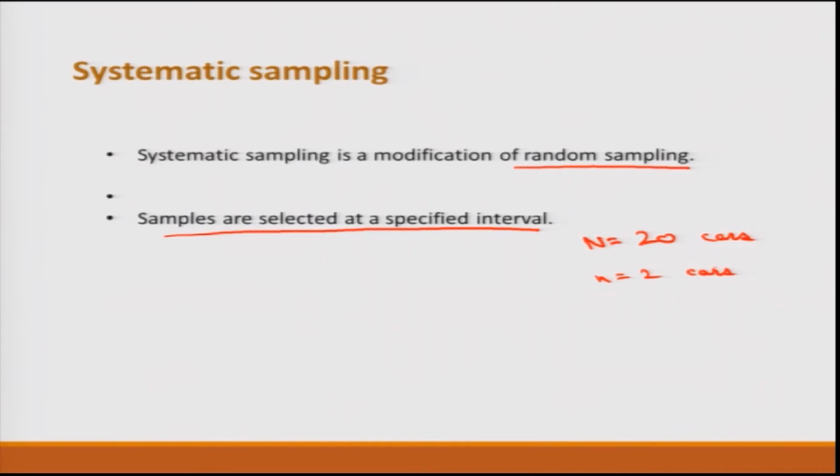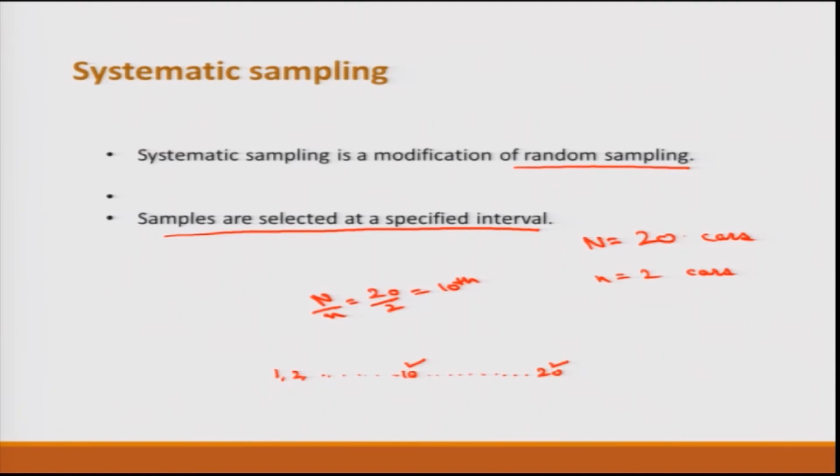So, what we do, we divide the population, capital N by small n, 20 by 2, which is equal to every 10th car. If the cars are numbered from 1 to 20, we select each 10th car.